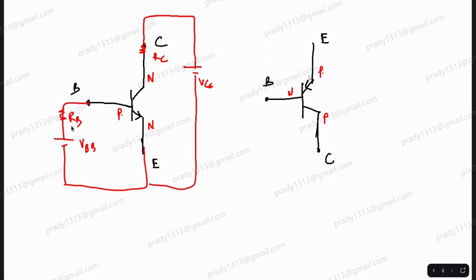If you bias it, current will flow from collector to emitter. When you apply this, we say it is positive base current.